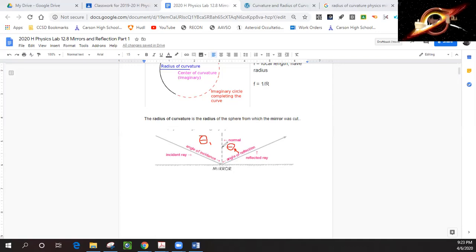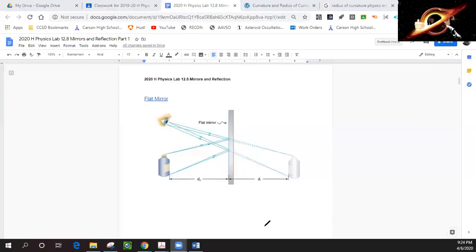We measure it with respect to the normal. So the law of reflection states that the angle incident must equal the angle reflected. This is the law of reflection. Let me go ahead and pause here for a quick sec. Okay, let's go ahead and continue on.